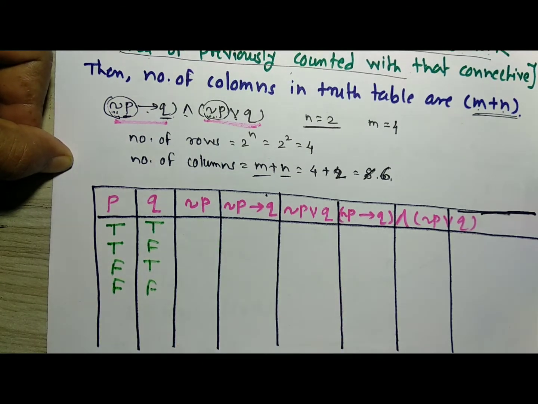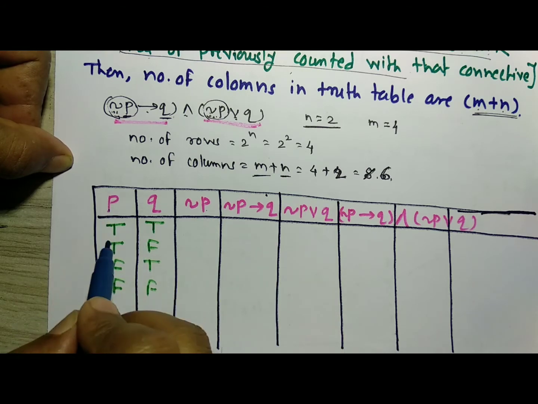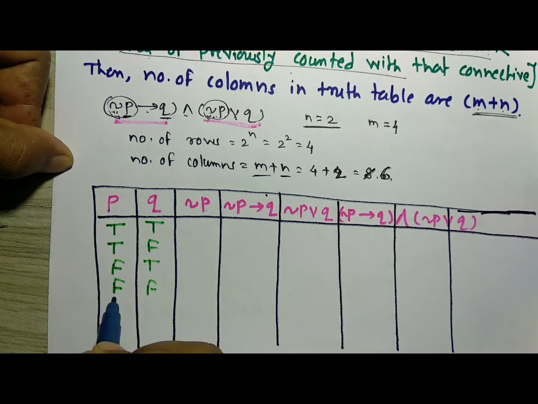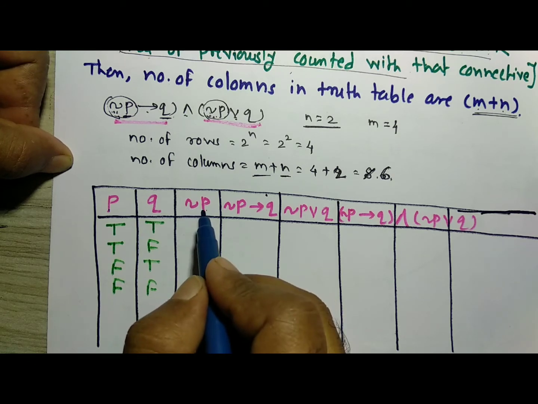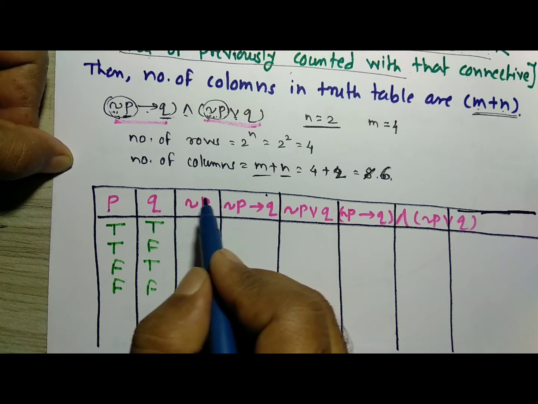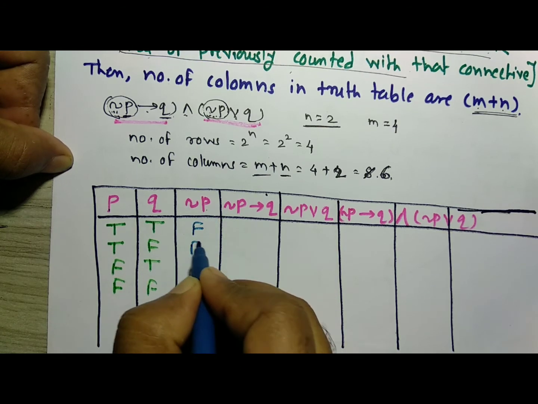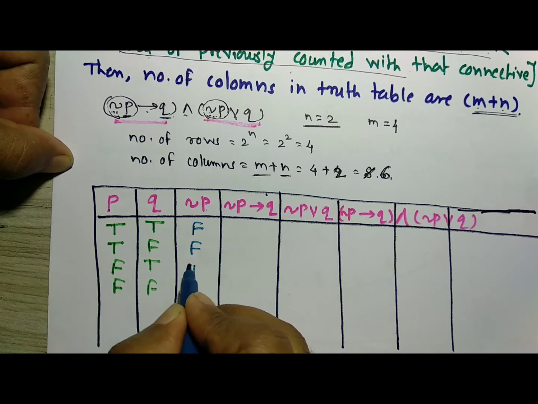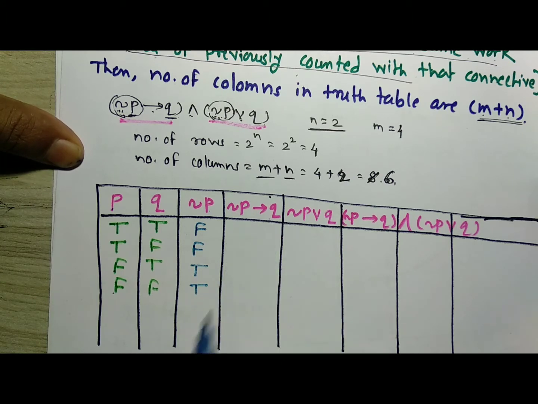And right now we are taking the negation of the truth value of P. P has the truth values T, T, F, F. Now we have to take the negation of P. You know the rule of negation: if your statement is true, then you get false. Therefore it is F, F, T, T. Now we go with the implication, which consists of a first statement and a second statement.